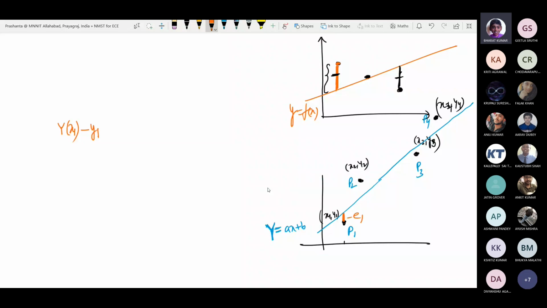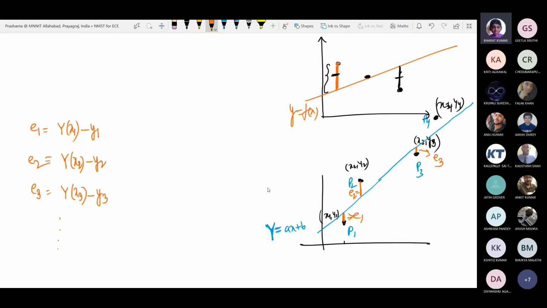So this is E1. Let's say this is E2. So E2 is how much? Y at x2 minus y2. What is the error at the third data? Let's say that is E3. So E3 is capital Y at x3 minus y3, and accordingly, depending on the number of data points, the error will be there.